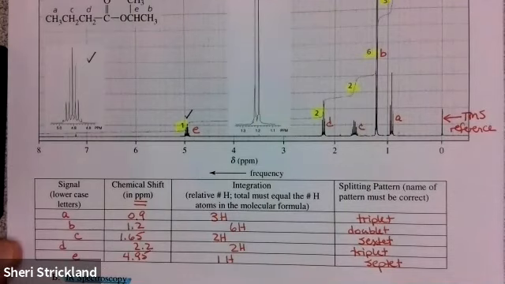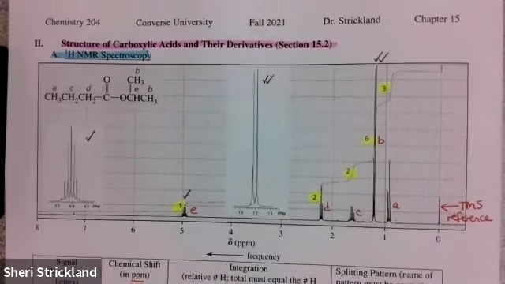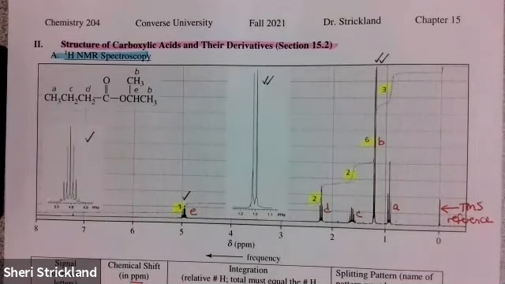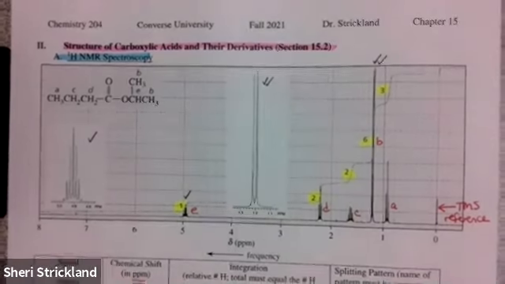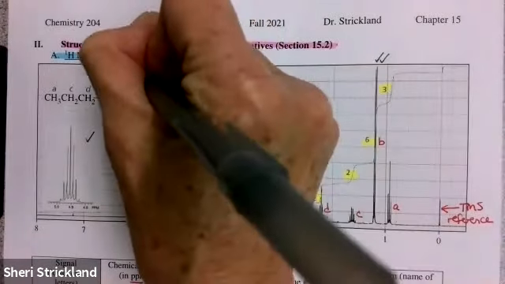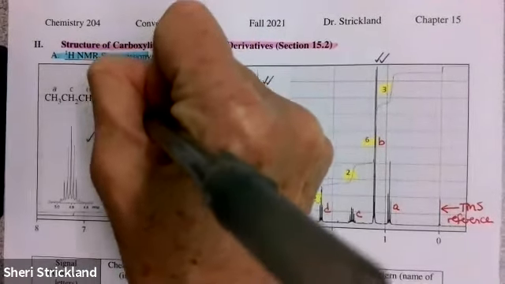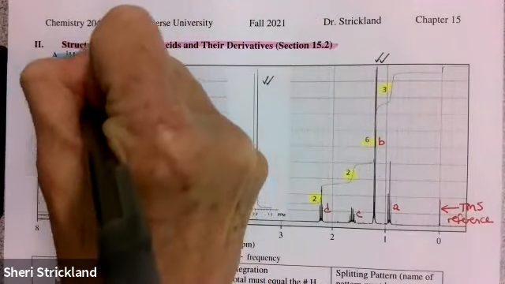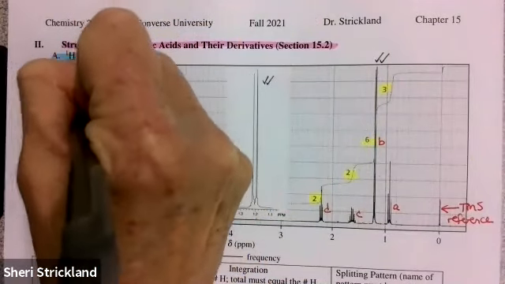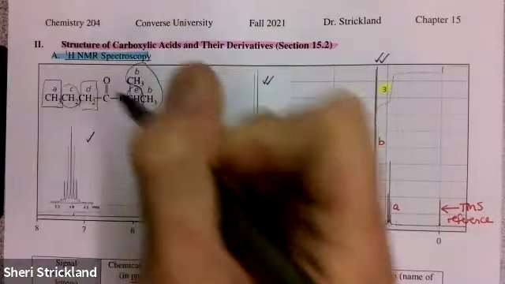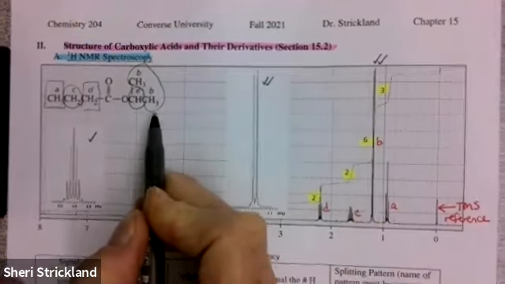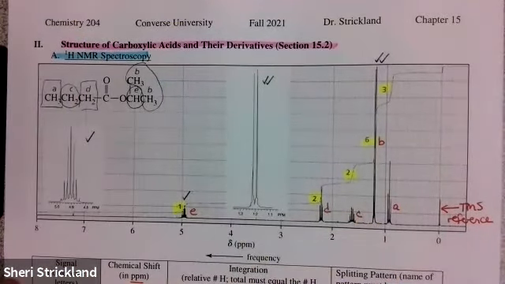So let's go back up here and look at the structure, because sometimes you have a structure and you need to predict what you expect to see in the NMR spectrum. All right, so we've got this signal here, and then this signal here, and then there, and there, and there. So let's start here on the right, and we'll just work our way over.